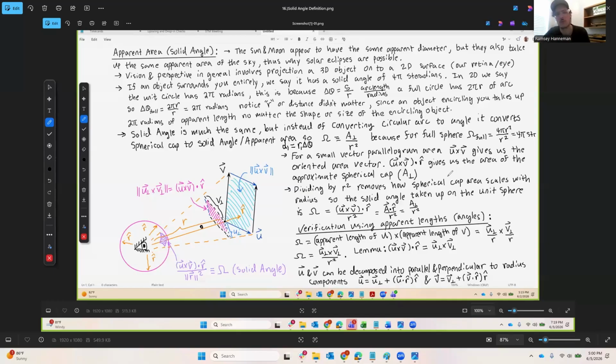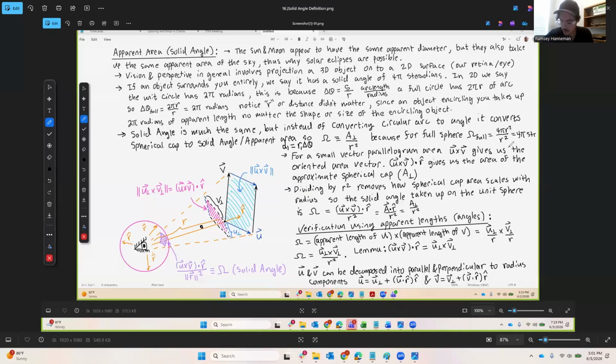And so by dividing r squared out, we're left with 4 pi steradians of solid angle. So the room I'm in right now is taking up 4 pi steradians of solid angle, because no matter where I look in this three-dimensional world, everything that surrounds me is the room I'm in. So the room must be taking up 4 pi r squared steradians.